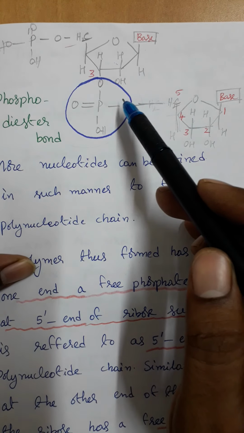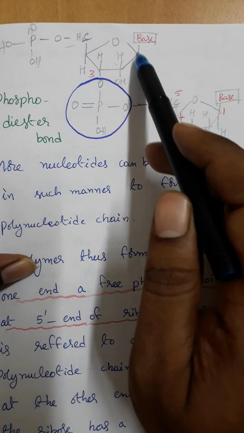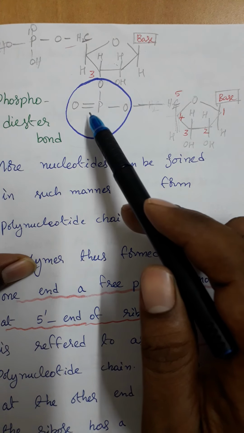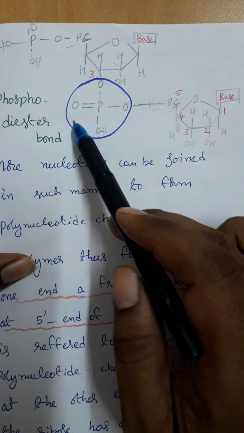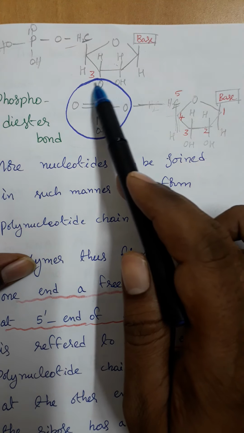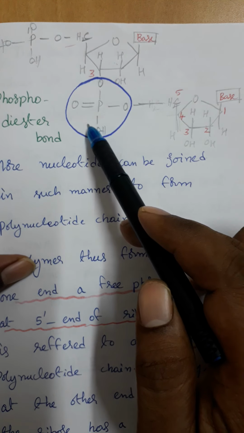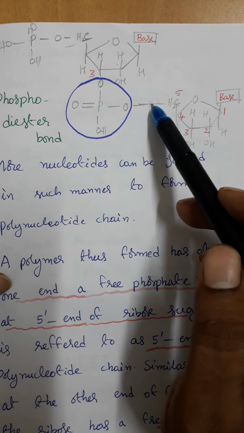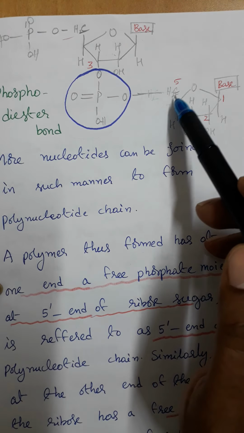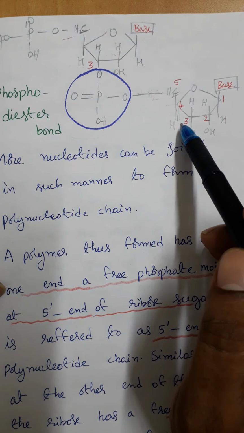In between the two nucleotides, a phosphodiester bond is present. This blue circle represents the phosphodiester bond. So the phosphodiester bond is present in between the two nucleotides.